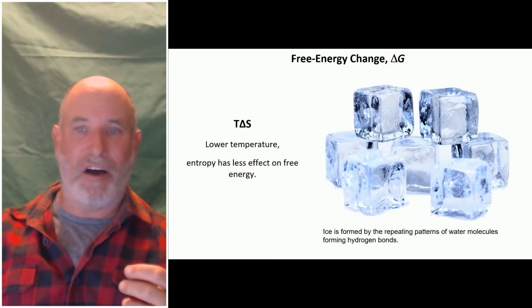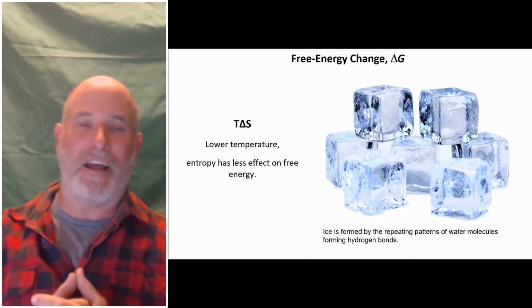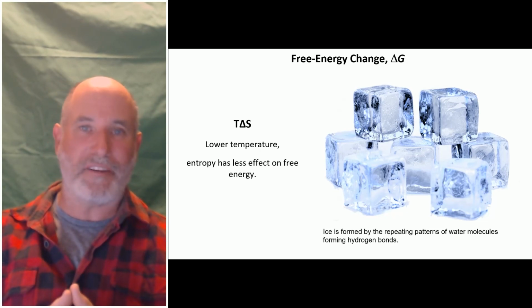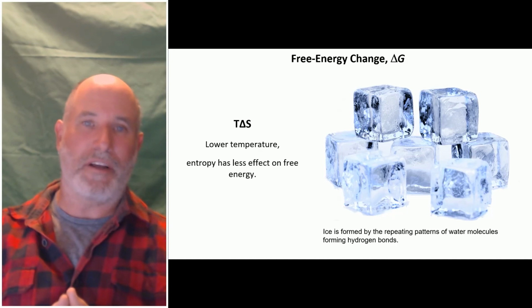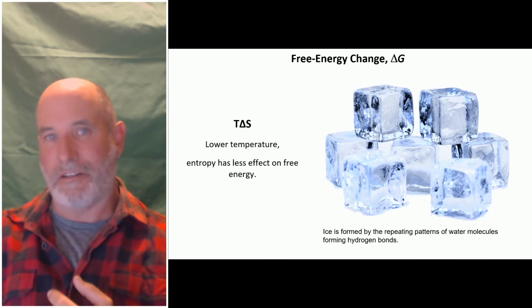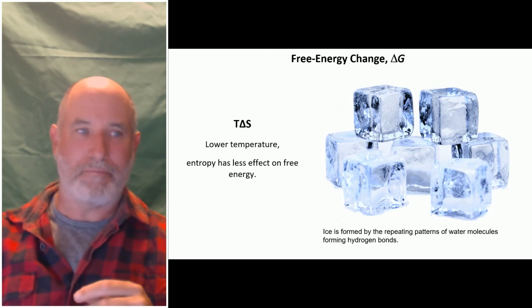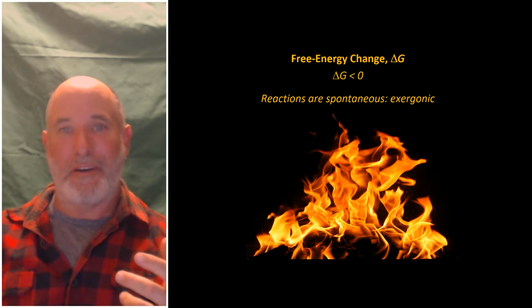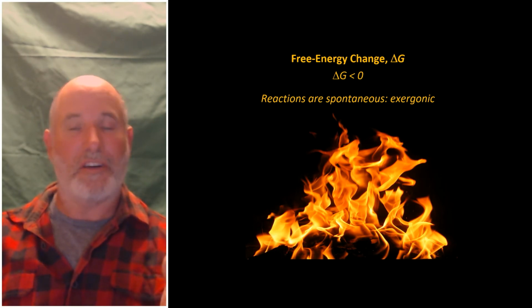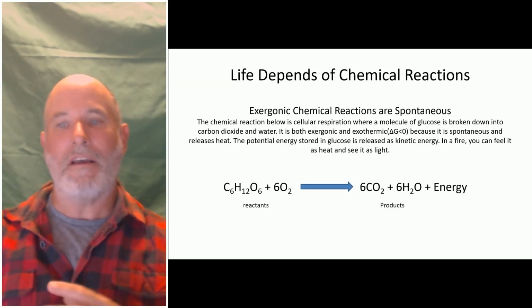As temperature goes down, like if you had something that's very cold like ice, then entropy is going to have a very small effect on your change in free energy. And that's why you can have an exergonic reaction that's not necessarily exothermic. Okay. And then, of course, you can have an exergonic reaction that's also highly exothermic, just giving off lots of energy like this fire.